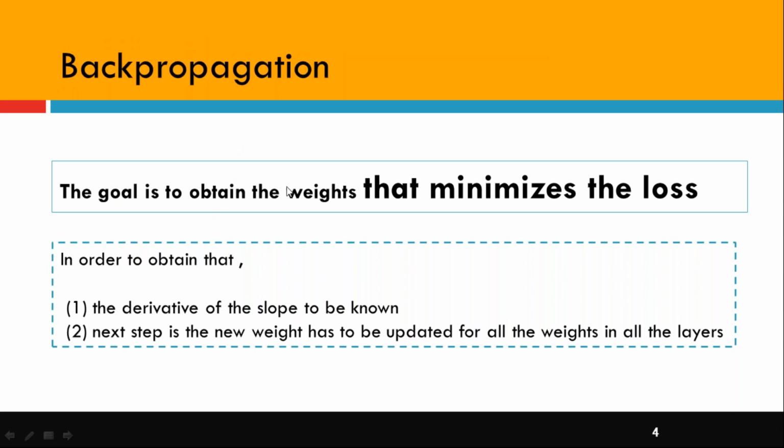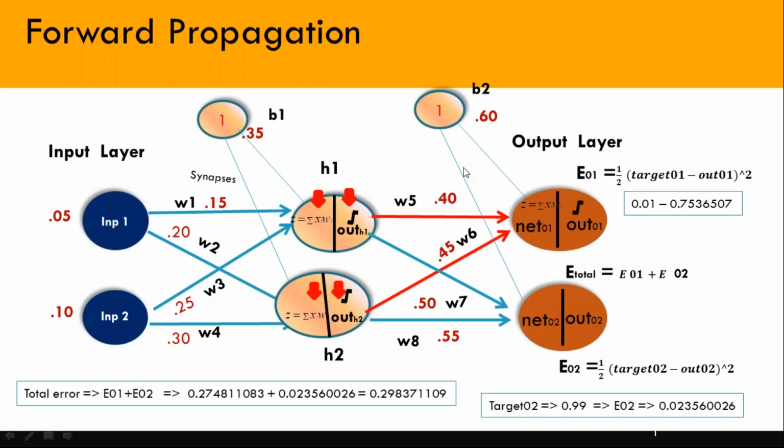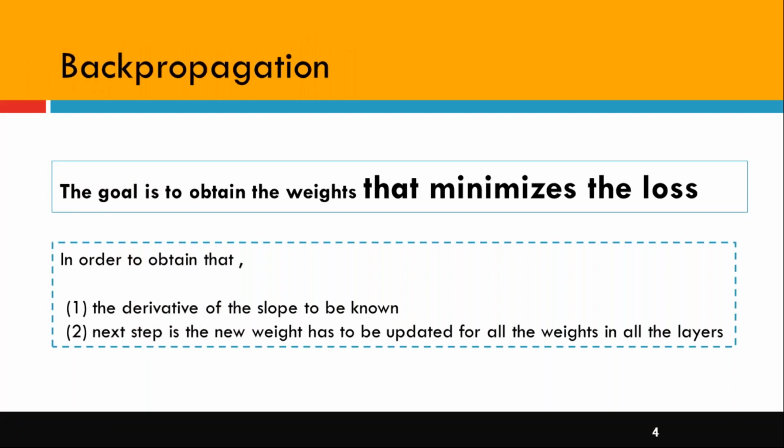The goal is to obtain the weights that minimize the loss. By changing these, we find the loss for each set of weights. What is the loss? The whole objective is, with which values of the weights are we able to minimize the loss.